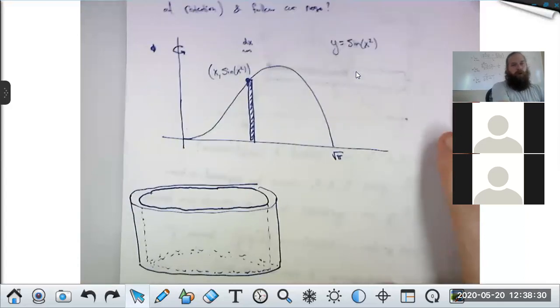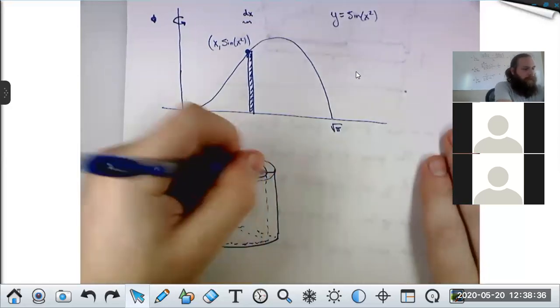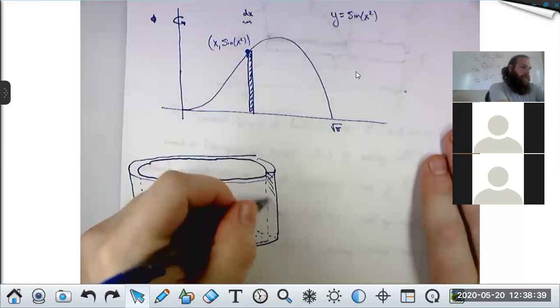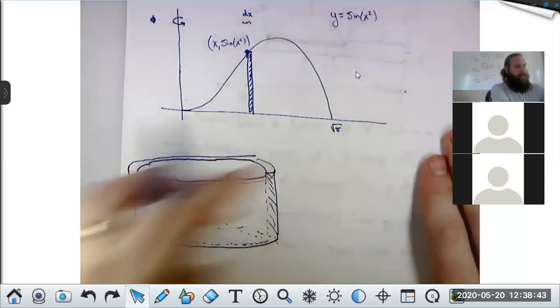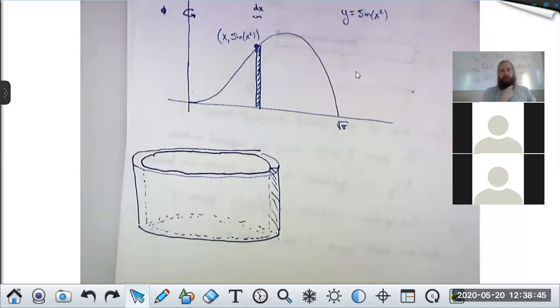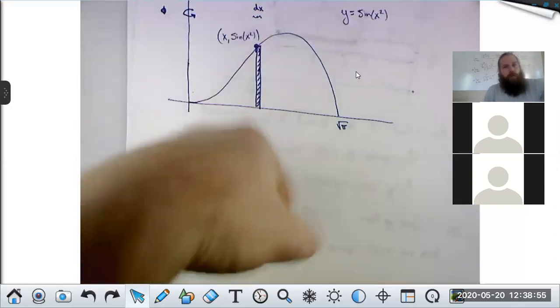Do you see how rotating that strip would generate a solid shape like this? Here is the strip. And as this strip spins around this axis, you generate this kind of shape. Think about taking a big cylinder and then boring out the middle of it.